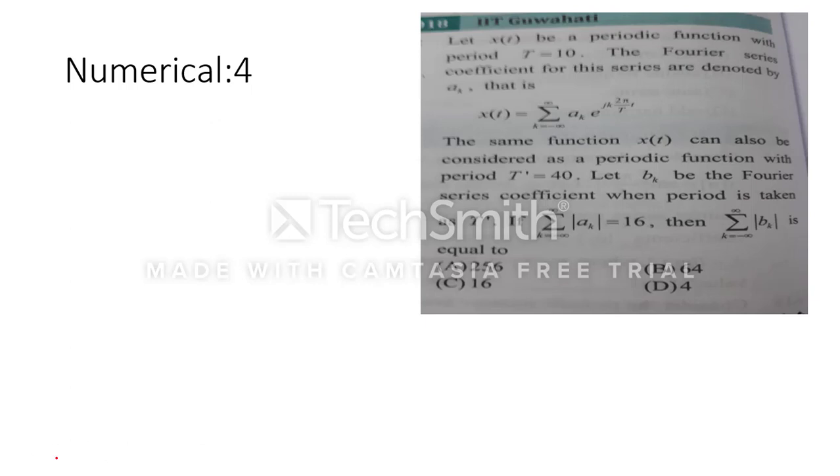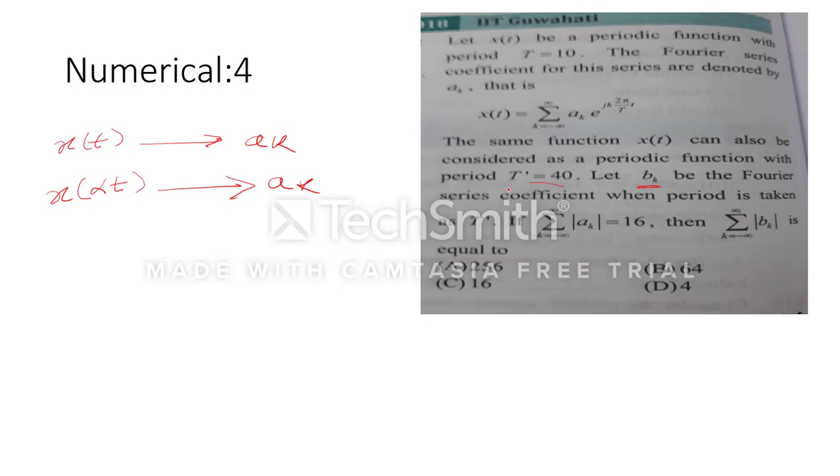In this numerical, it is given: let x(t) be a periodic function with time period T equal to 10. The Fourier series coefficient for this signal is ak. And they are saying that if the time period T dash is increased to 40, what will the coefficient value be? One property we should always know about Fourier series is that if the x(t) signal is there and its coefficient is ak, and we do scaling, suppose alpha t, then the value of the coefficient will not change; the coefficient will always remain the same.